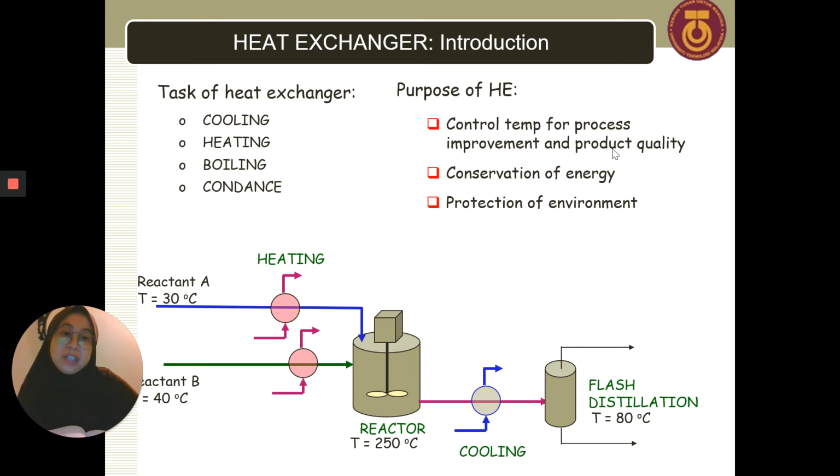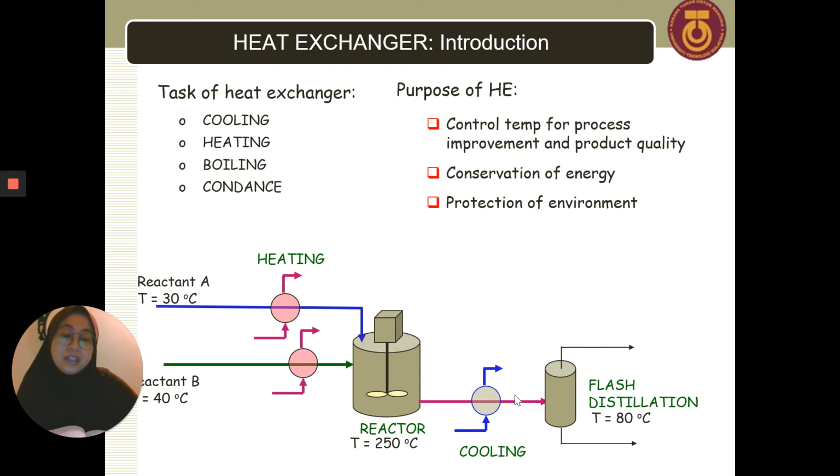And the second one is you need the heat exchanger for the conservation of energy. So for instance, in this case, first of all, you heat, right? And then when you heat, actually you absorb the energy. Meanwhile, for cooling, you release the heat. So you can use the heat exchanger in order to conserve this energy.